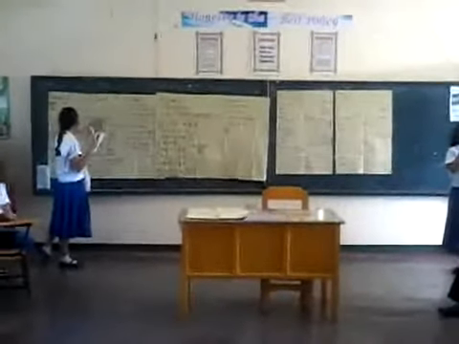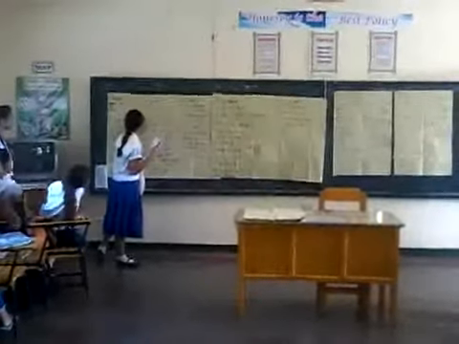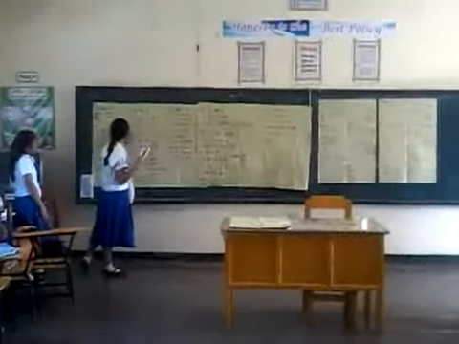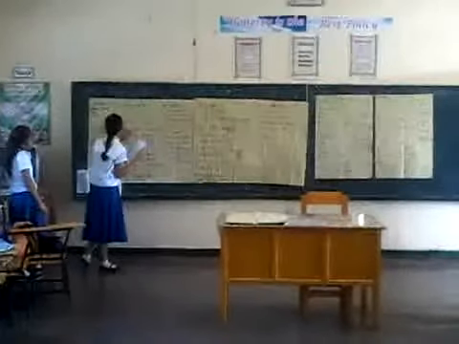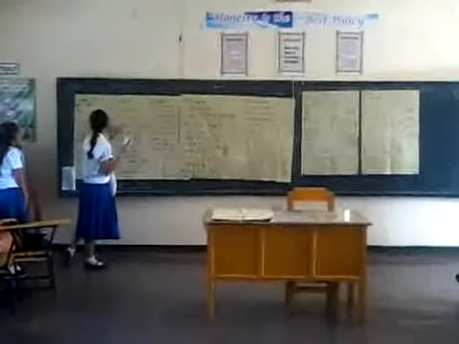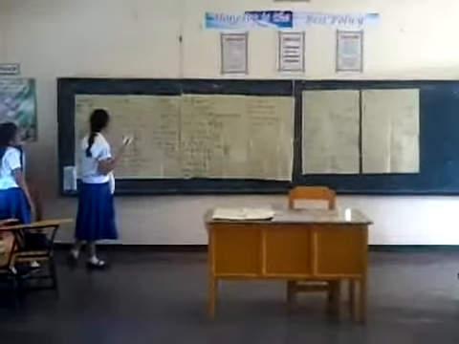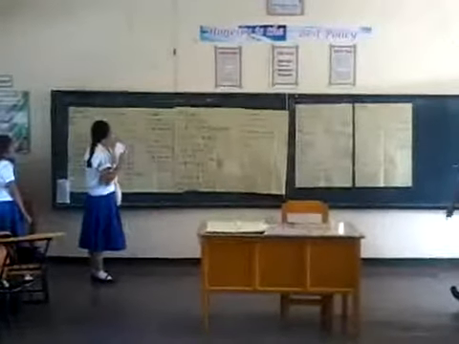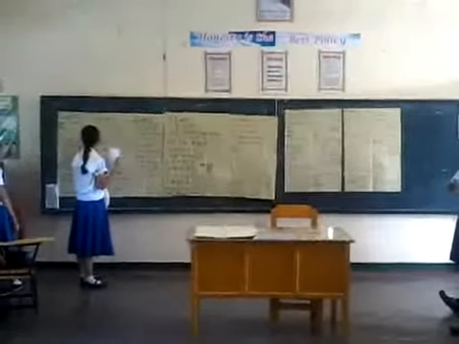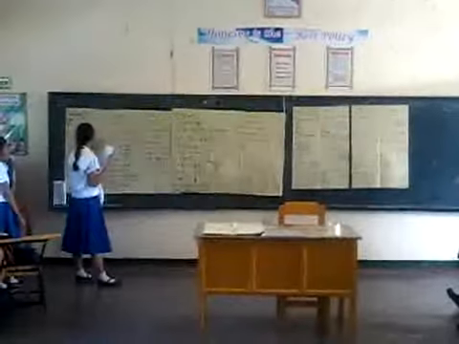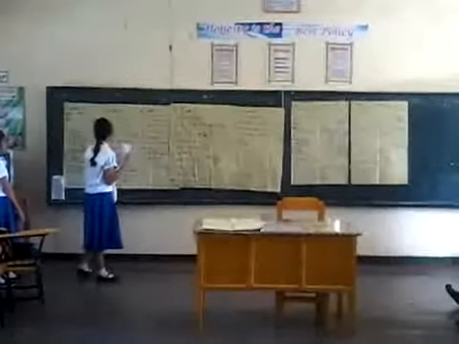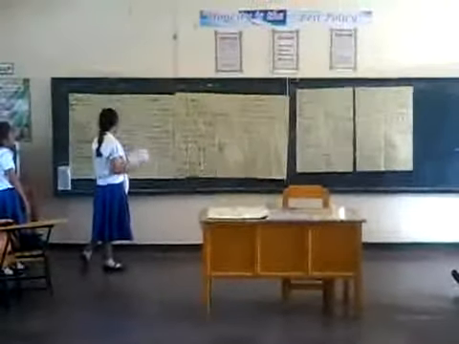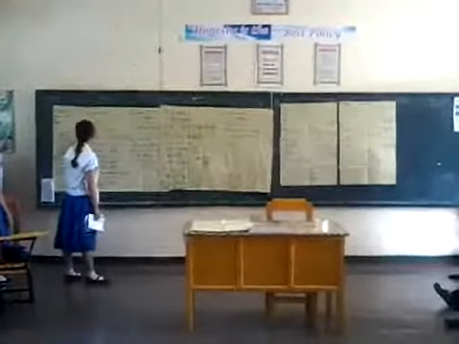x times x equals x squared. Negative 1 over 2 times x, and x times negative 3 over 6, and the product of the constants is 1 over 12. x squared minus 3 over 6 x minus 1 over 2 x plus 1 over 12 equals 0.